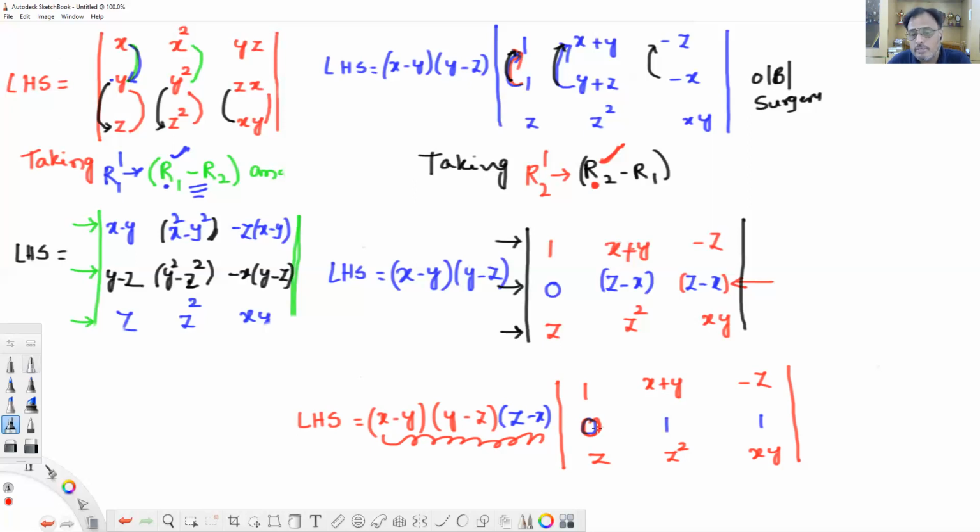Like what happened now? C2 plus C1 you do: that is 0 plus 1, that means 1. In this place you get 1. That is very difficult. That means unknowingly you are giving a boost to your enemy. So be careful, this is 0.